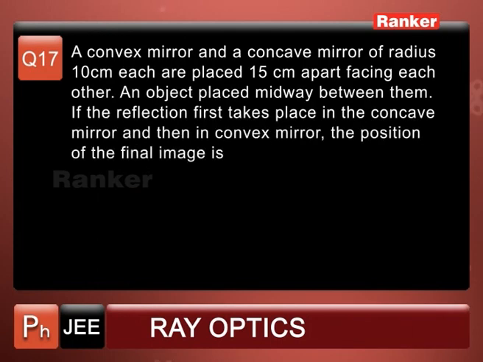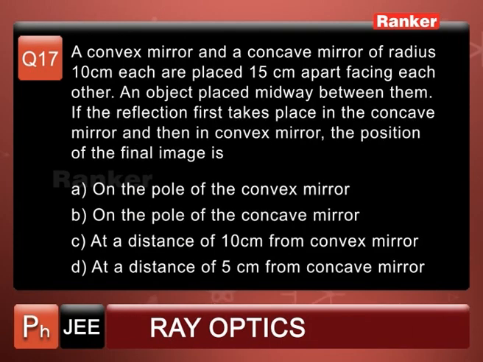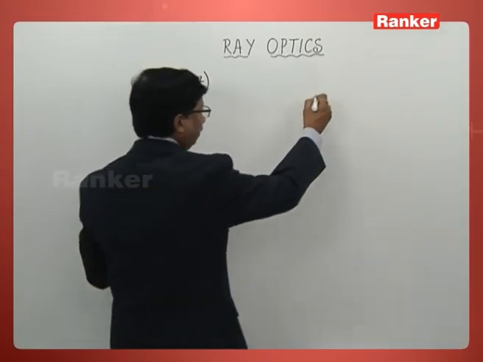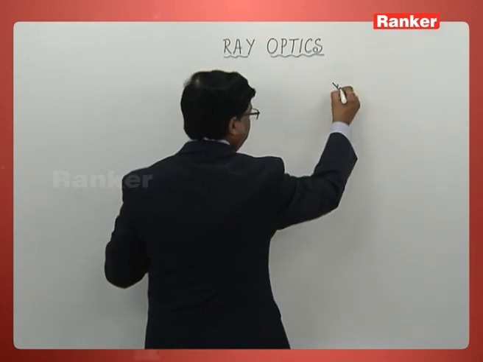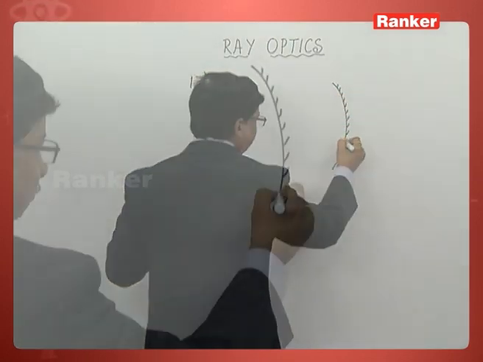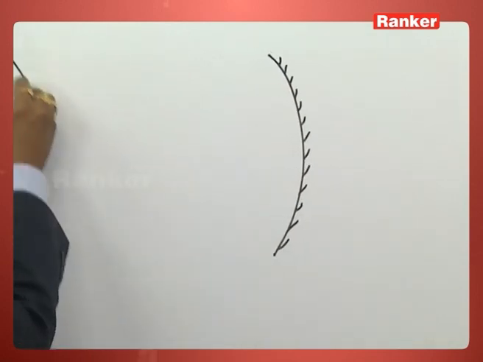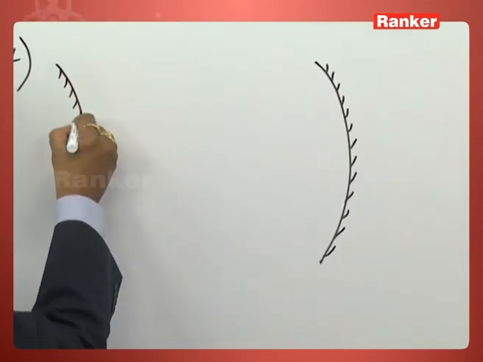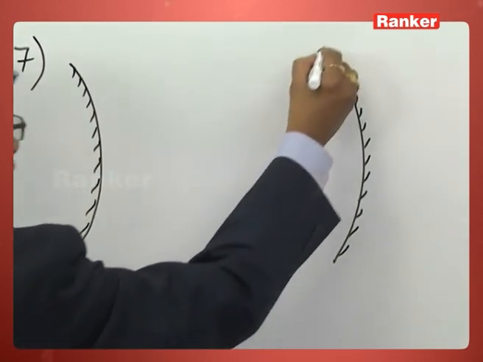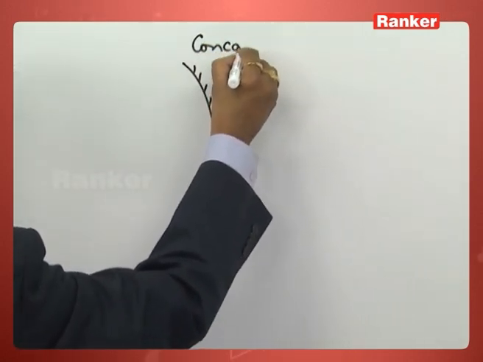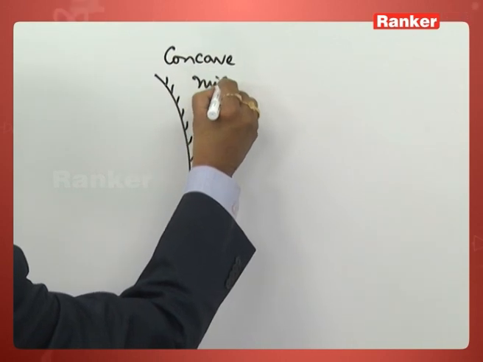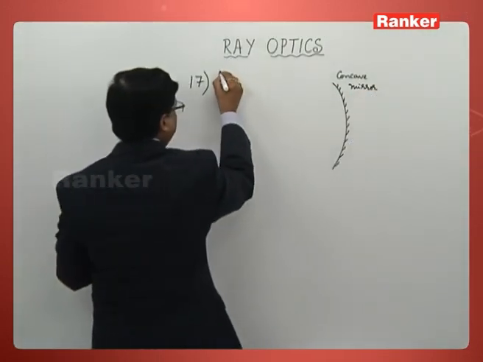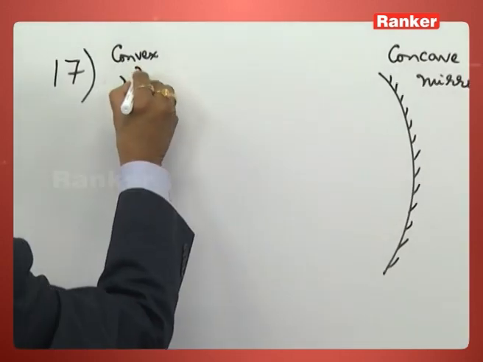A convex mirror and a concave mirror of radius 10 centimeter each are placed 15 centimeter apart facing each other. What is the concept he is giving you? Just look at it first. There is a concave mirror this way, and a convex mirror this way. This one is the concave mirror and this one is the convex mirror.